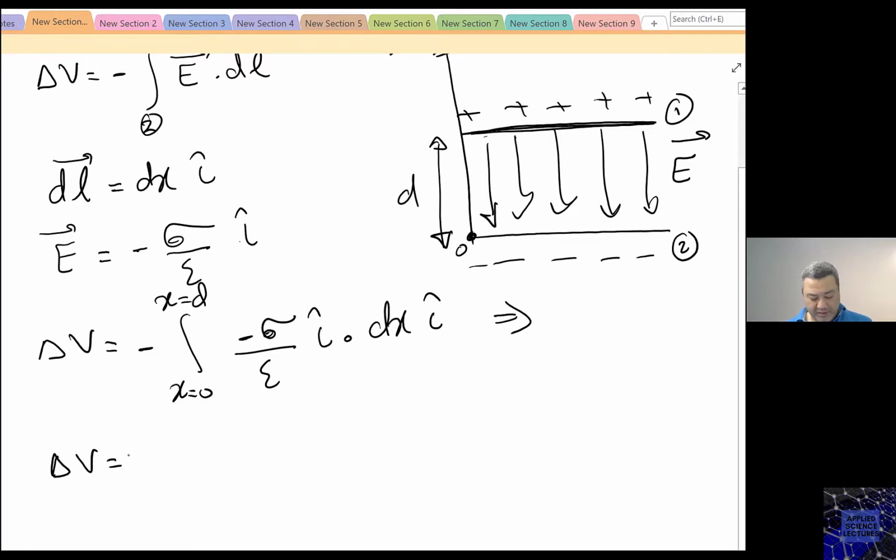and this is going to be delta V as minus; with a minus the sign will go, sigma and epsilon will go outside.